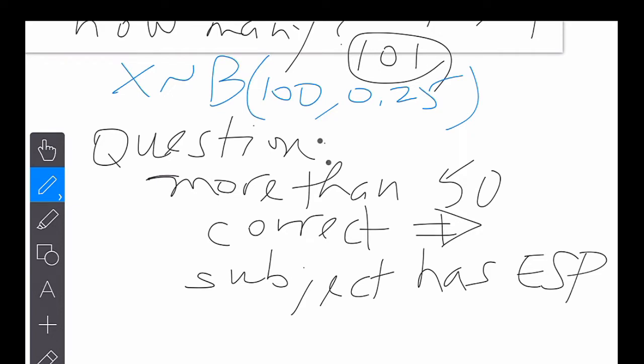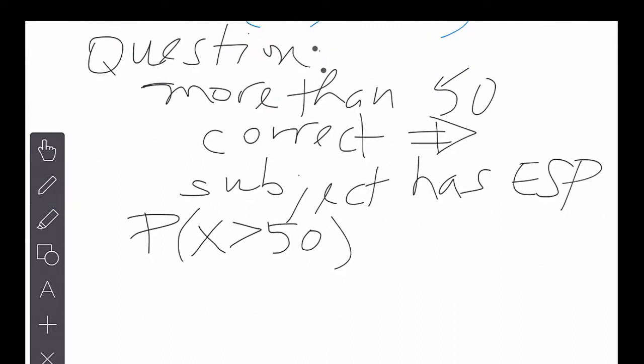So how would we figure that out? What we really want is to use our knowledge that this is a binomial distribution. I'm going to teach you how to set up the formula for identifying the answer to questions like this. The probability X greater than 50 is what you need to compute. All right? So to compute that, you would have to consider finding the probability of all the outcomes.